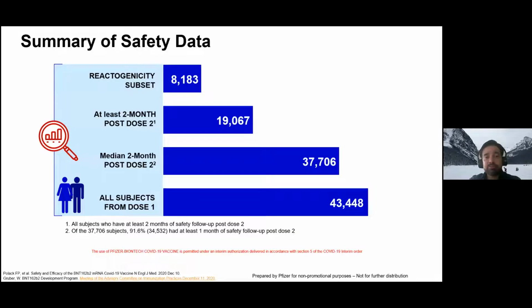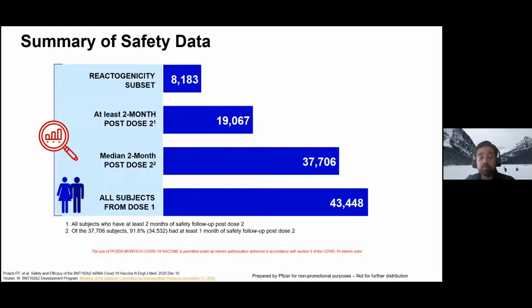So here is a diagram that tells you a little bit about the number of people that were part of this safety database. Anybody who got the vaccine or any of these doses will be a part of the safety evaluation, and that number is a little over 43,000.